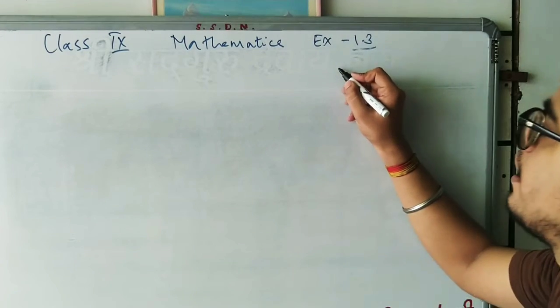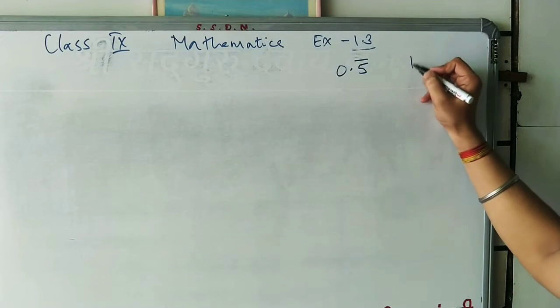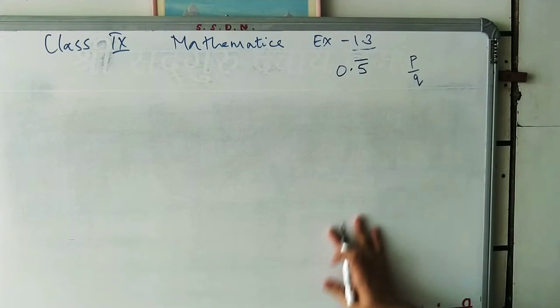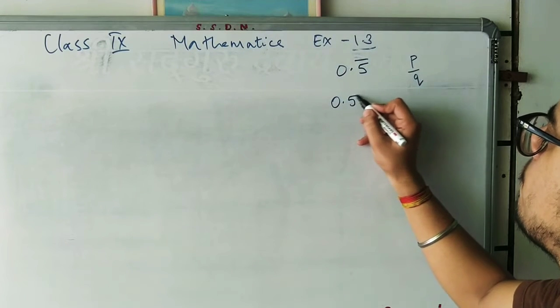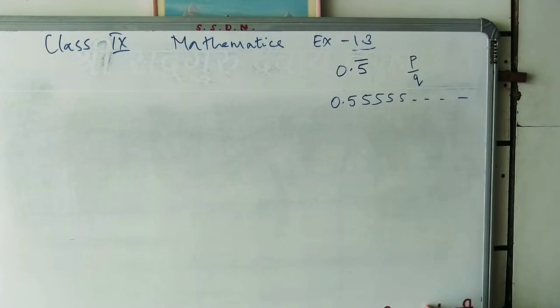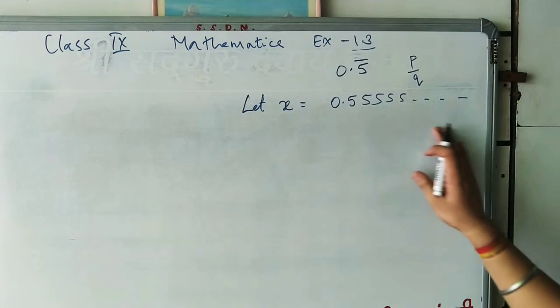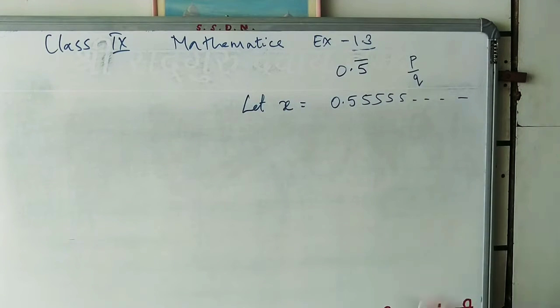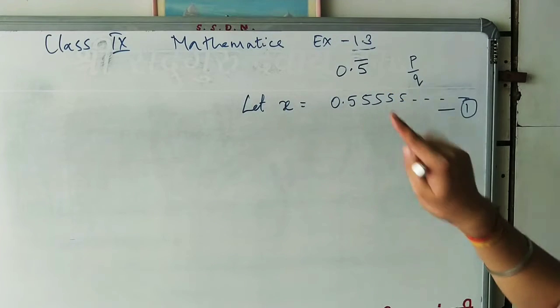For example, if we have 0.5 bar and we have to represent it in the form of P upon Q, 0.5 bar could be written as 0.555 and so on. So let us suppose that x equals 0.55555. Give this as equation number 1. Now we have to see how many digits have the bar. Only one digit, 5.